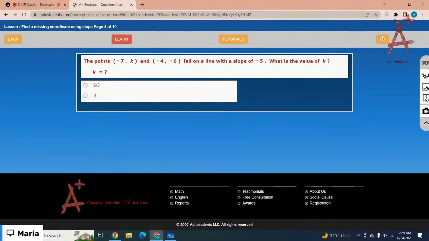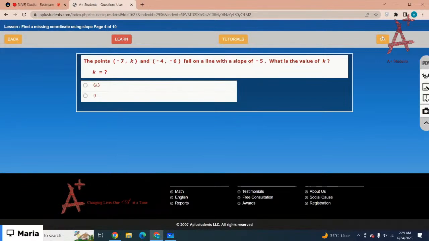Okay, the next one is the points negative 7, k and negative 4, negative 6 fall on a line with a slope of negative 5. What is the value of k? So you have to calculate the value of k.